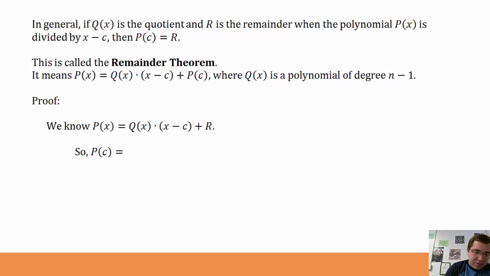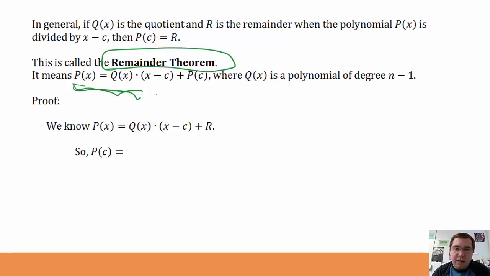This is called the remainder theorem. It means that p of x equals q of x times x minus c plus p of c, where q of x is the polynomial of degree n minus 1. So this is just the division algorithm where I replaced r with p of c, because I know that the remainder when I divide by x minus c is going to be equal to the value of the polynomial at c.